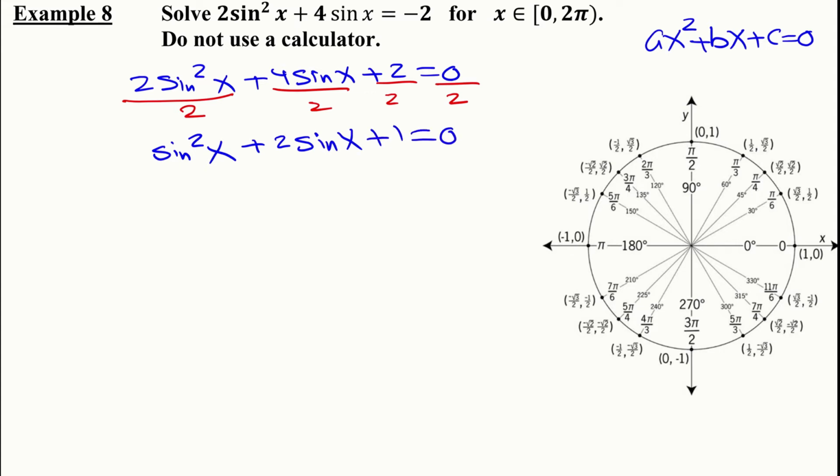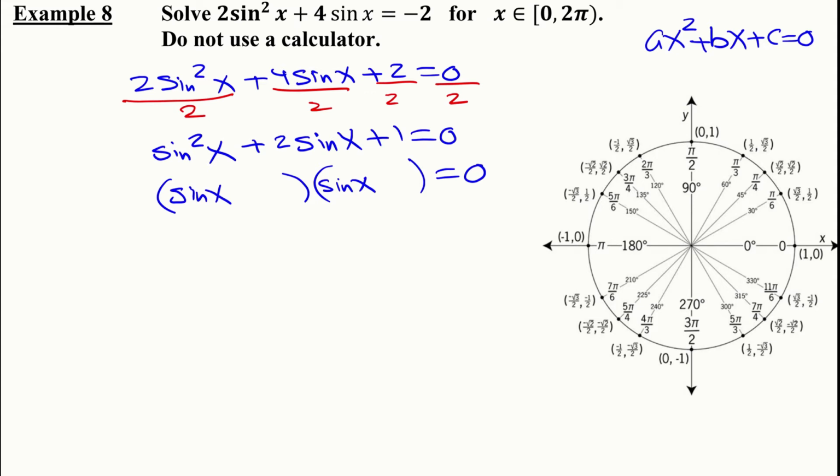So now we're going to go ahead and factor this just like we did with the algebraic review, except now we want two expressions whose product is sine squared x. So obviously we can use sine x and sine x, and we want two numbers whose product is 1.